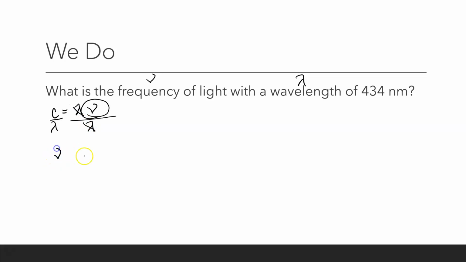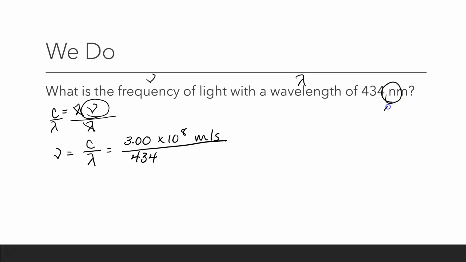And so we see that nu is equal to c over lambda. We know c is 3.00 times 10 to the 8th meters per second. And then lambda was given, which is 434, but we have to change nano to times 10 to the negative 9 so that we have meters and meters, so that the meters cancel.